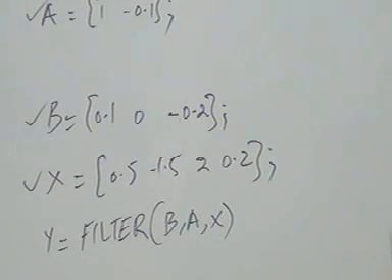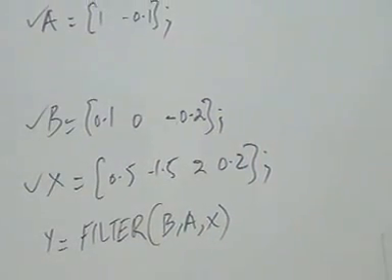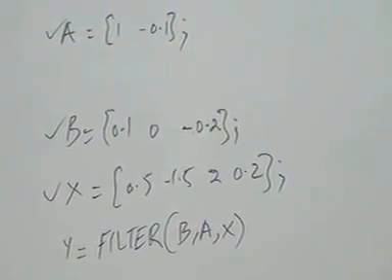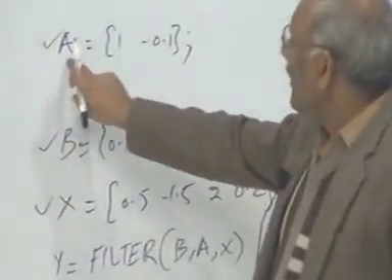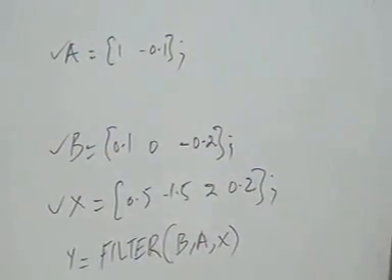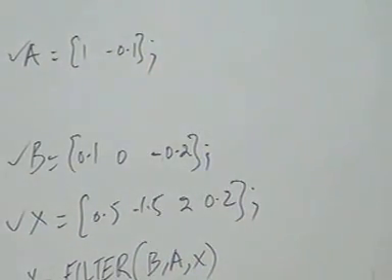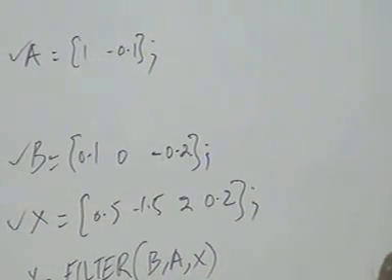Right? So we can use the filter command to find out output for any given input if we are given a difference equation. If we are given a difference equation, that means we are given a and b vectors. A and b vectors are coefficients with feedback terms and coefficients with feedforward terms, or in other words, coefficients of y terms and coefficients of x terms.